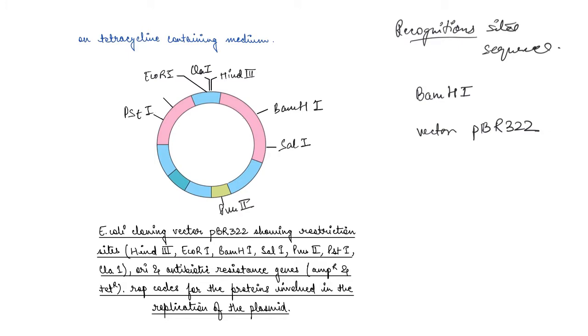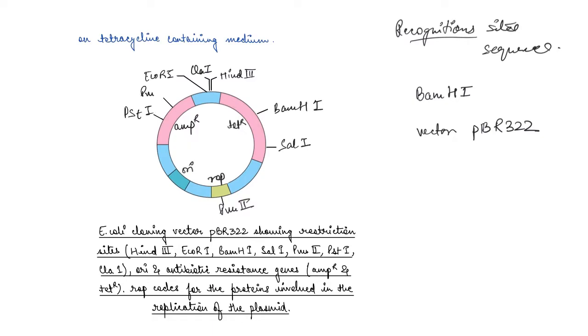Now, apart from that, there is an origin of replication, right? There's an origin, and then there are antibiotic resistance genes. So the antibiotic resistance genes are here for ampicillin and here for tetracycline. Now there is one which is ROP. ROP basically codes for the protein which is involved in the replication of the plasmid.